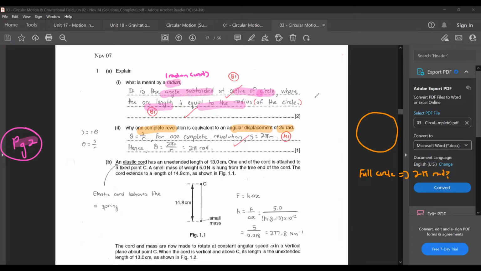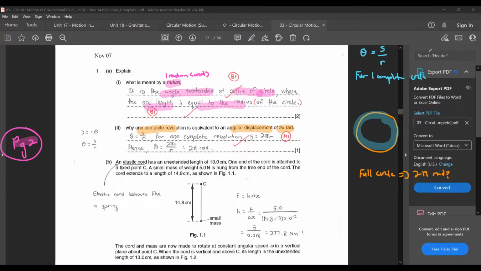Okay, so there was a derivation on the first page of your notes which I mentioned to you before. If you know the angular displacement is theta, or rather angle in radians, is your arc length over your radius, we know that for 1 complete circle, your arc length is actually the full circumference of your circle.